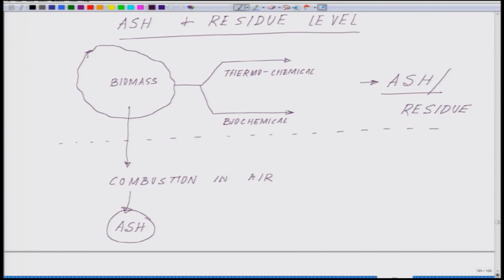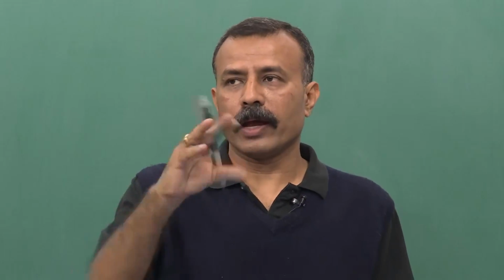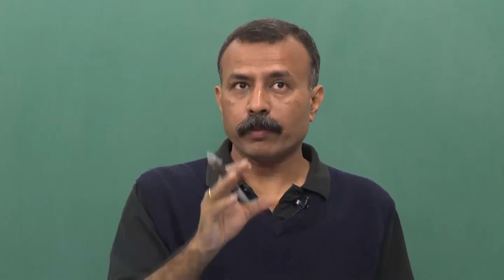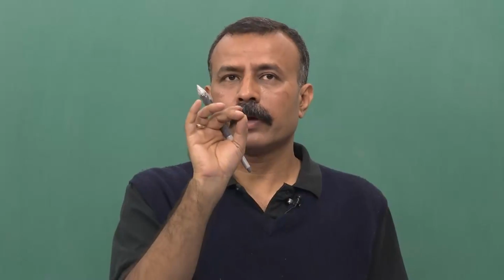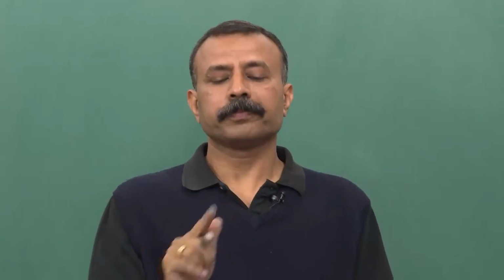This is exactly the same thing as when I told you that you have a piece of paper and you burn it in the presence of air, you get all that black charring left behind, that is your ash content.